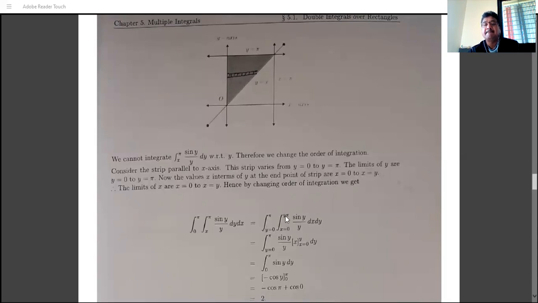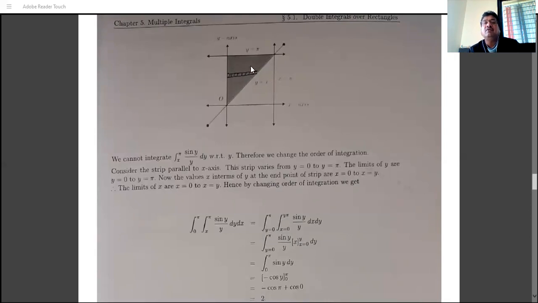There is a mistake here: it is not y pi. The integration is from x is equal to 0 to x is equal to y, so remove this pi. X is equal to y is the upper limit.